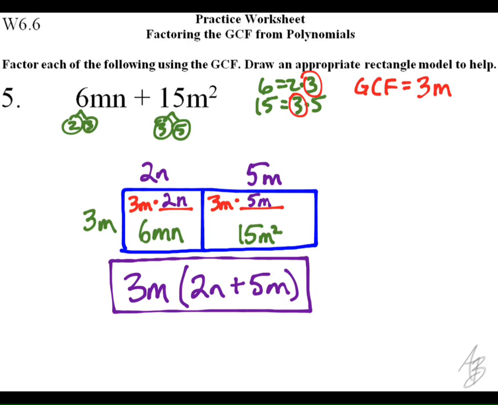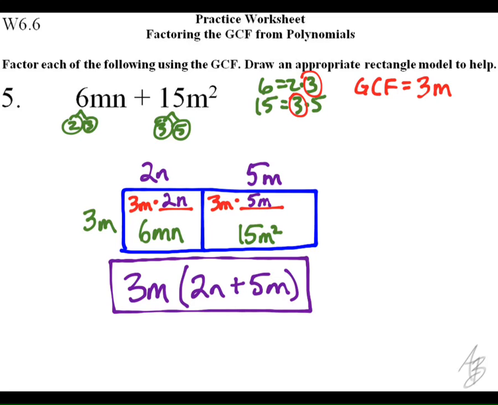If we wanted to put them in alphabetical order, they are not in the correct order. I'm not going to make you worry about that when we're doing these. If we're factoring something, you can just leave it in the same order as the problem was written. So you don't have to worry about putting them in alphabetical order. So even though M comes before N in the alphabet, this is the order that they were in when we got the problem, so we're going to leave them in that order.